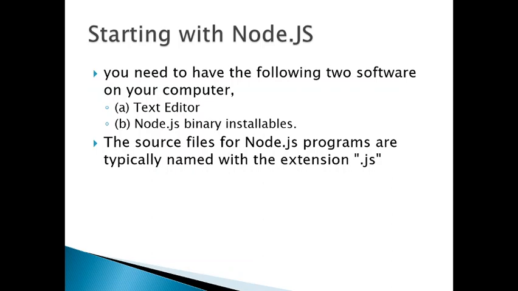The source files for Node.js programs are typically named with the extension .js. Keep in mind that it is not compulsory that the extension will be the same, but it is typically a .js file, so that you can understand that it is basically a JavaScript file.